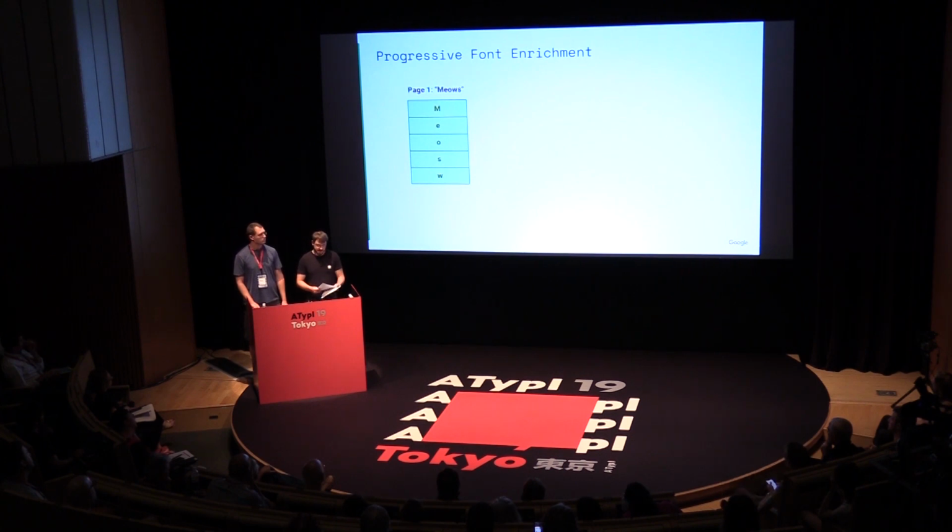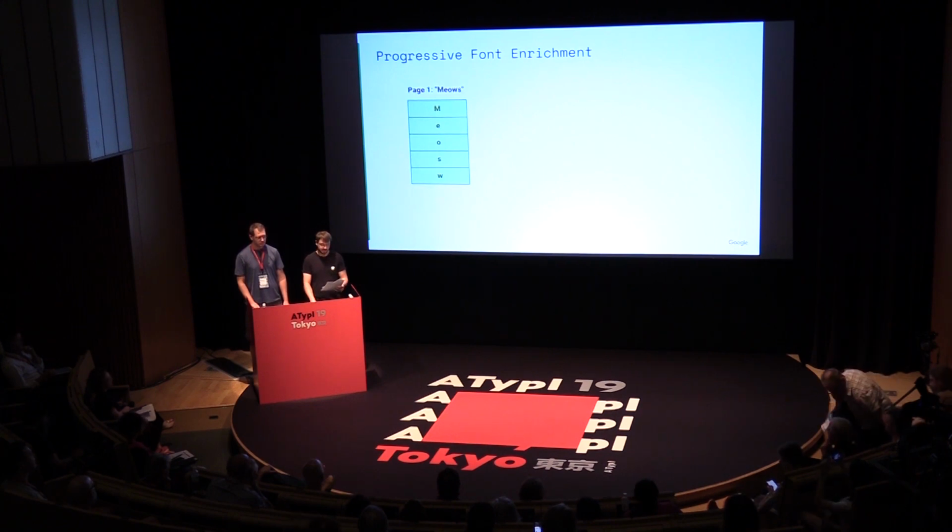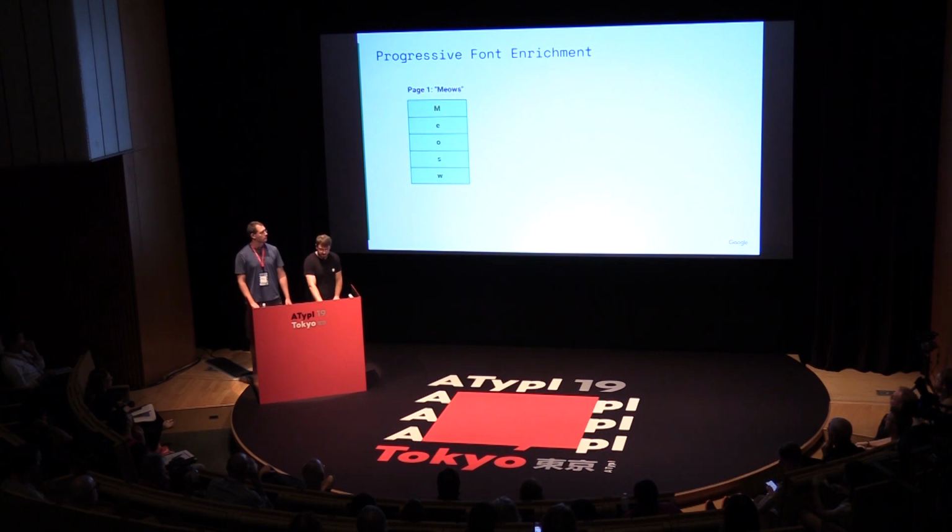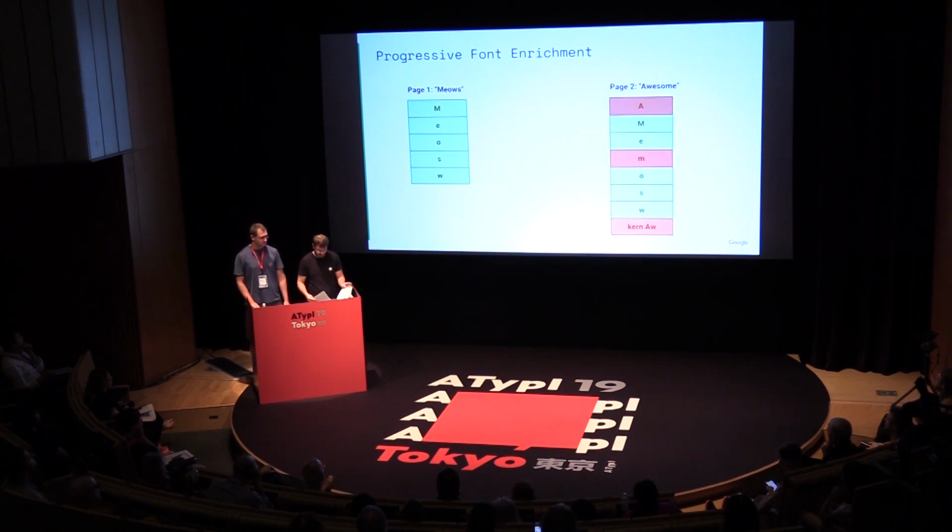Let's illustrate with an example. Say I look at a page which contains the text "meows" rendered in a web font. I could compute a subset of the font needing just the characters from "meows" and load that font. So far, so good. However, if I go to a second page that has the text "awesome" rendered in the same font and try to reuse the subset from the previous page, it will be missing data for some of the characters, specifically the capital A and lowercase w glyphs.